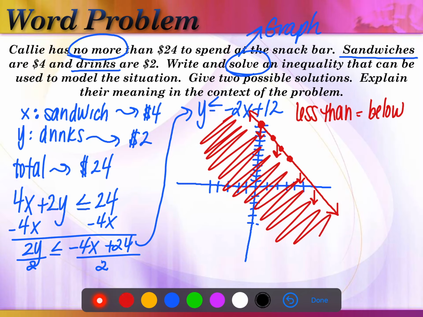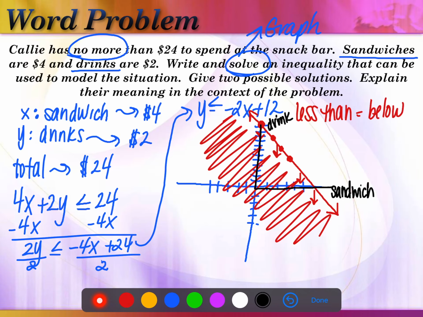All right, now this is asking me to give 2 possible solutions and explain their meaning in the context of the problem. Well, this is a real life situation. Okay, we're talking about sandwiches and drinks. Right, sandwich was my X and drinks were my Y. Well, that means that I cannot have any negative values for my sandwiches or drinks, which means I need to limit my graph here to only the first quadrant.